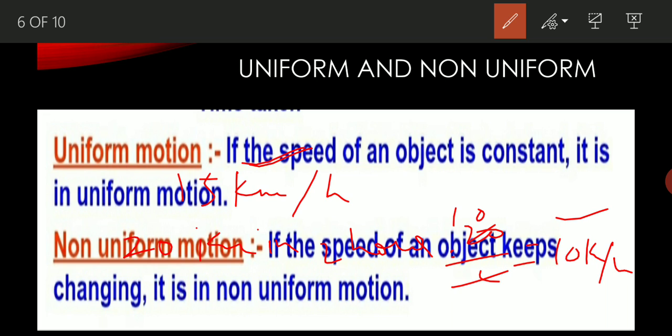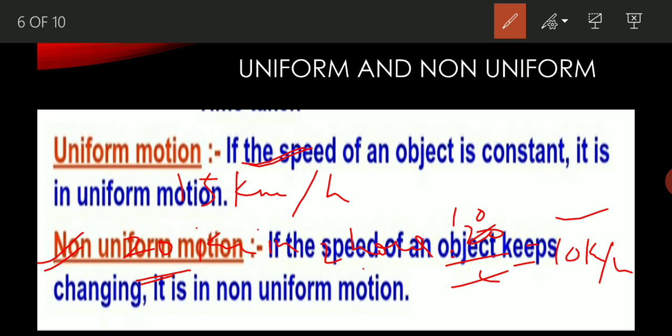Speed is changing here. As well as, in the first hour it travels 15 kilometers, and in the second hour it travels only 5 kilometers. So in each hour it travels a different distance. That's why we can say that it has non-uniform motion.